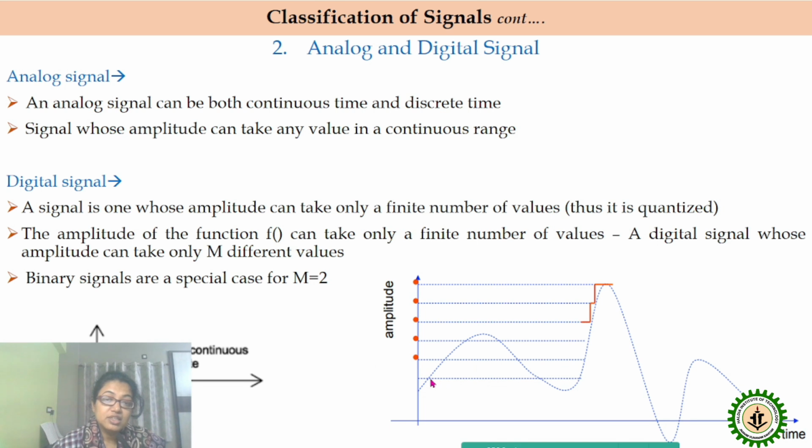And after that, for each level, if we consider that this level compared to some threshold value is low, you can consider this as low or 0. But if this one, compared to some threshold value, is more than that, then you can consider this as high. So then for the total signal, each level we are encoding into two levels, either low or high. So basically we are converting a signal into a digital signal.